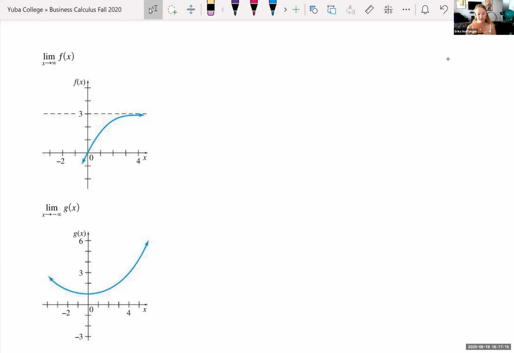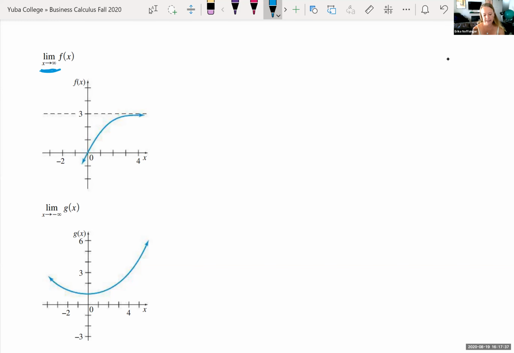As we're looking at the graph here, this is asking: when you're going to positive infinity, what value is your y value going to? Notice this dotted horizontal line at y equals 3. That's a horizontal asymptote.